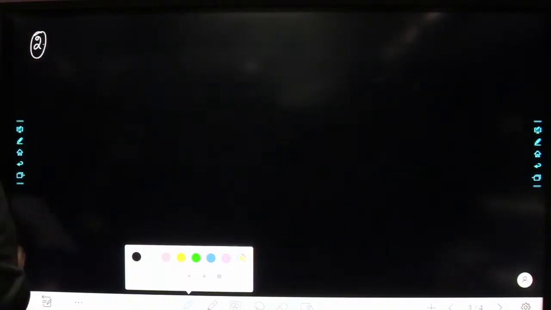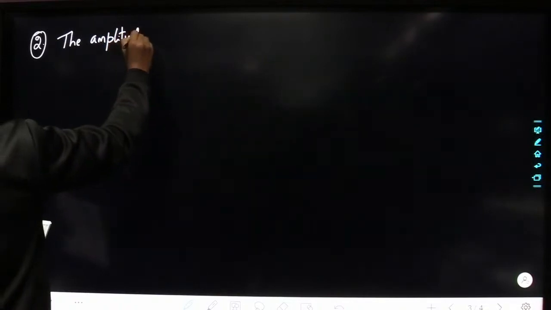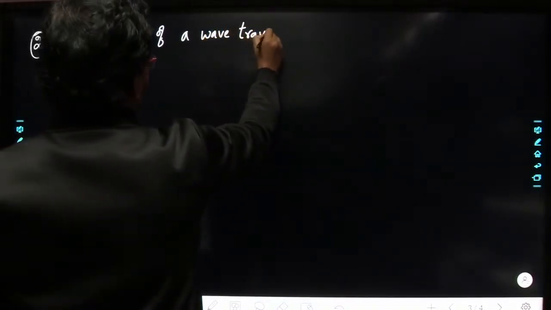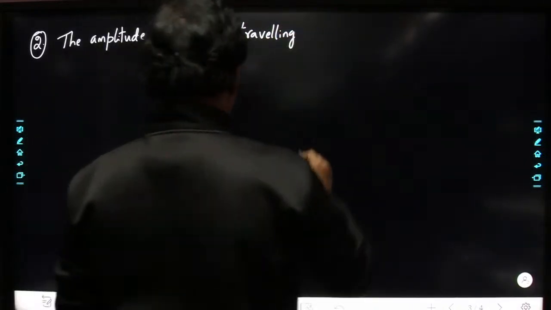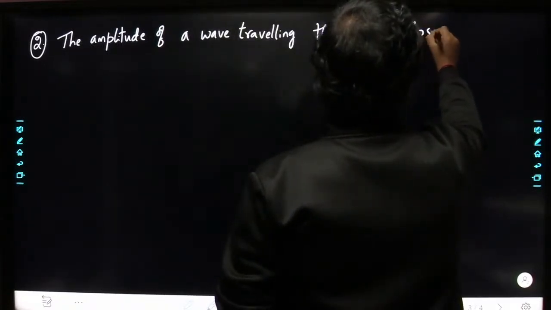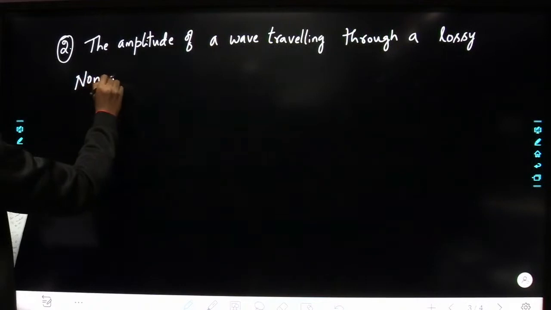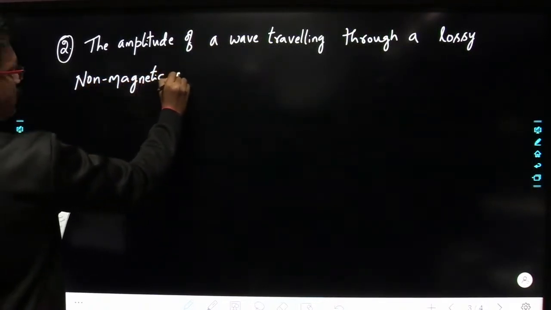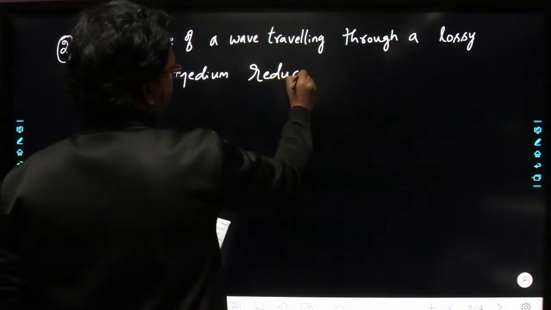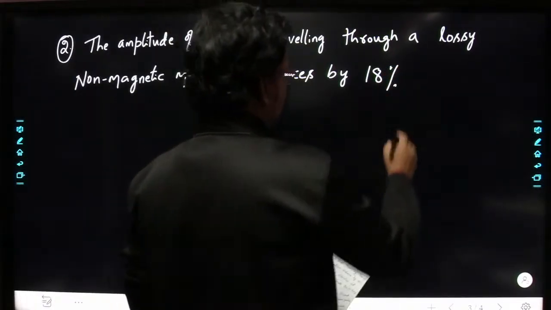So, second problem here: the amplitude of a wave traveling through a lossy non-magnetic medium reduces by 18% every meter.